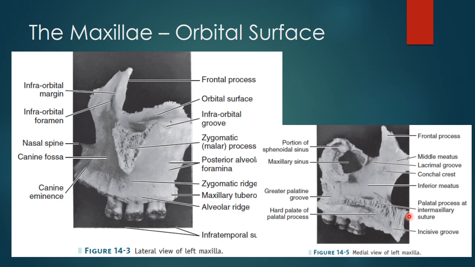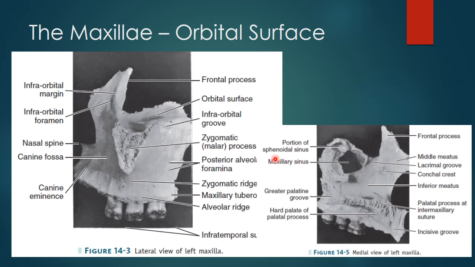The thin medial edge of the orbital surface is notched anteriorly, forming the lacrimal groove. This is the lacrimal groove. Behind this groove, it articulates with the lacrimal bone, the ethmoid bone, and the orbital process of the palatine bone.